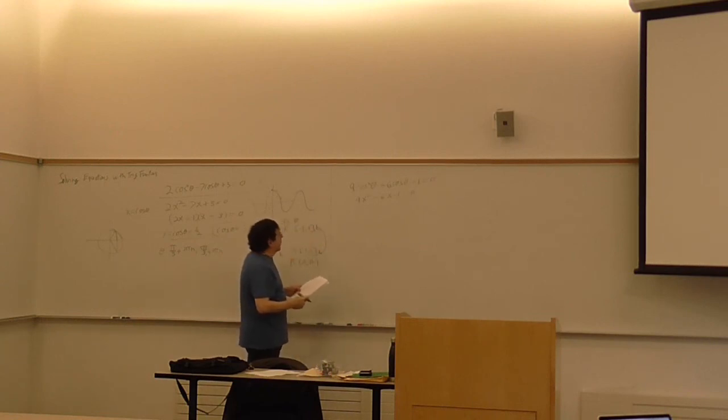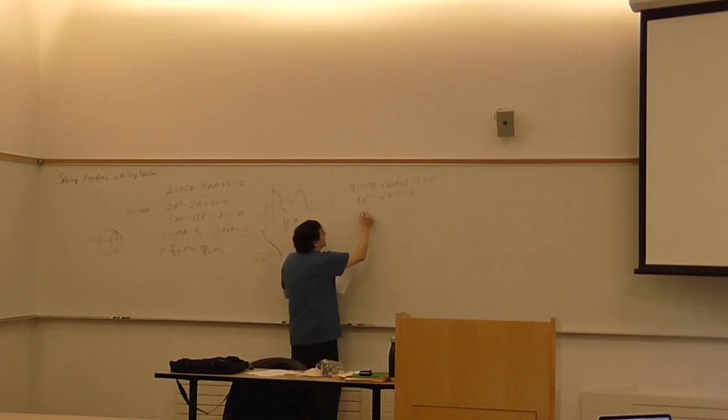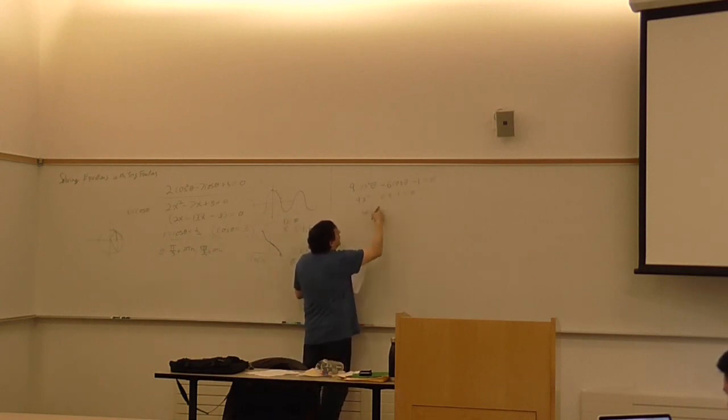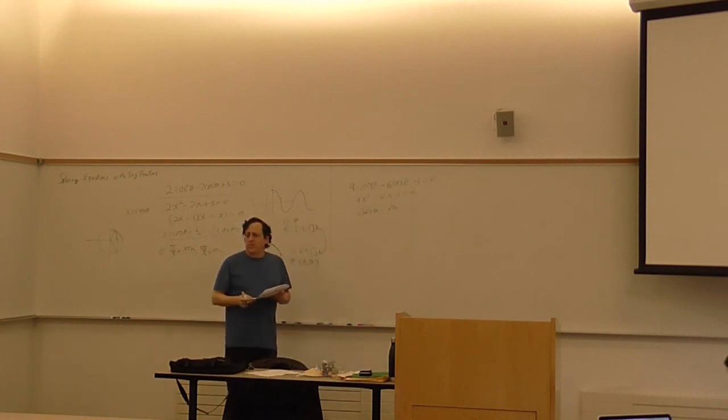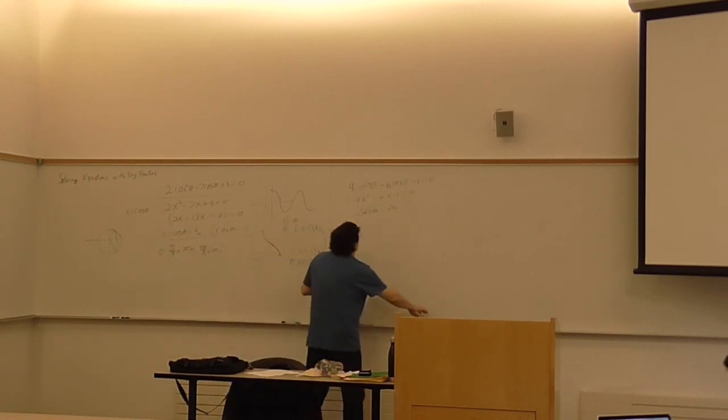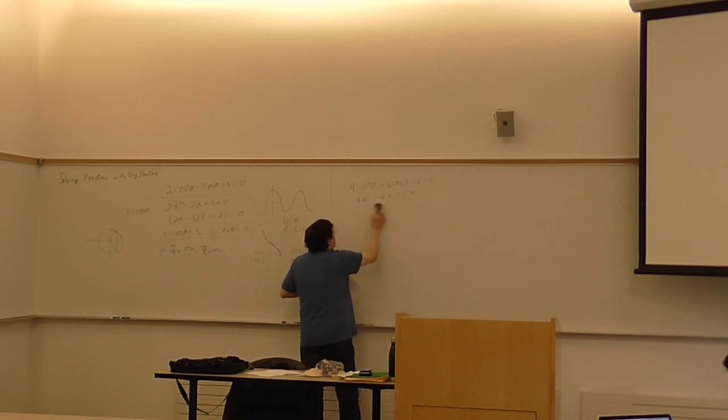Well, what's the discriminant on that? It's 36 minus 4ac, but there's a minus, so it's plus 36. So the square root of 72. It's not going to factor nicely, so we need to use the quadratic formula here.